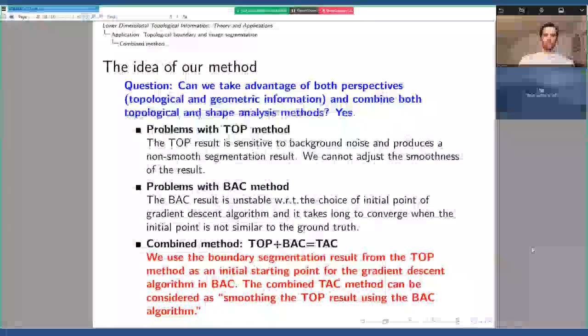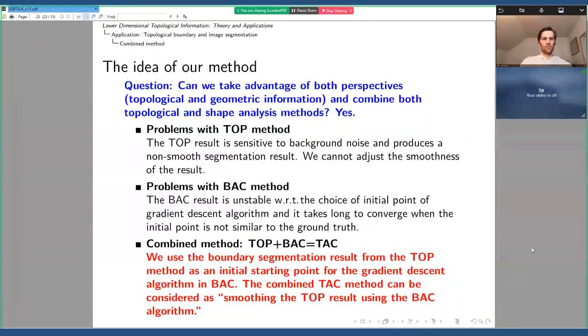And let's look at the BAC method. The BAC method is based on the minimization of the energy functional, and the minimization is done by a gradient descent algorithm. So we know that the gradient descent algorithm is unstable with respect to the choice of the initial points.